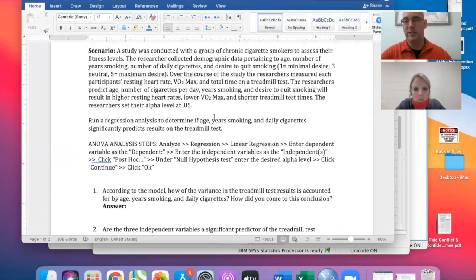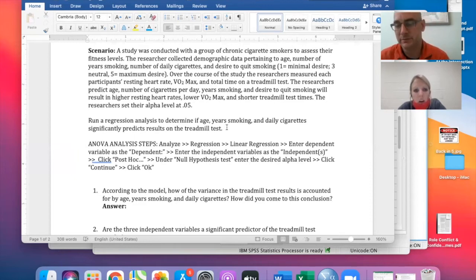If we look at this statement, what do we think are the independent variables, hint, hint, and what would be the outcome variable, our dependent variable?